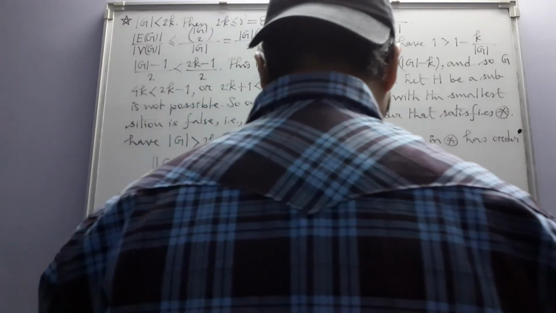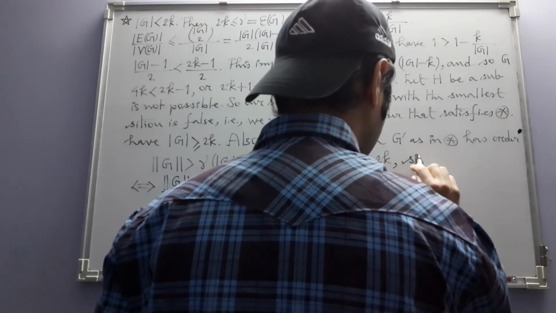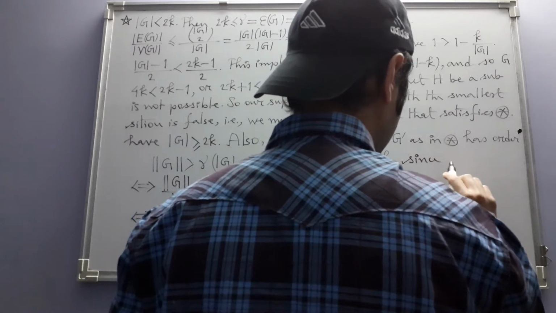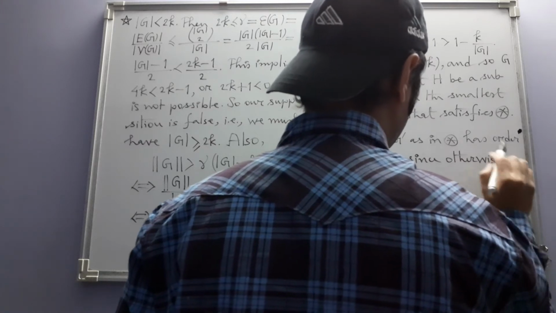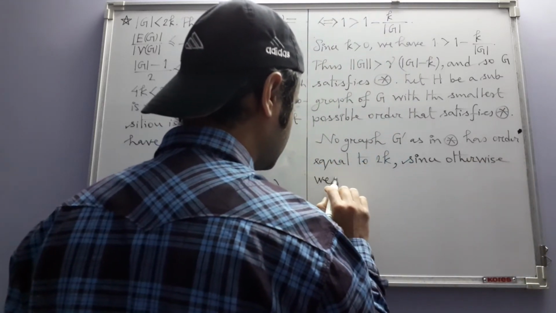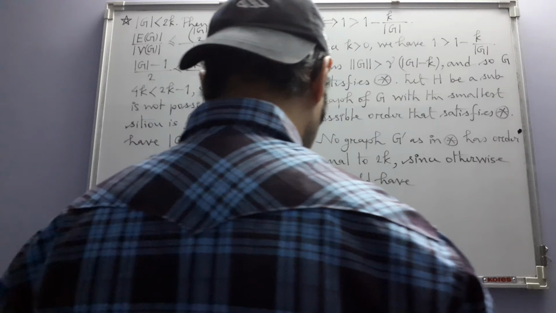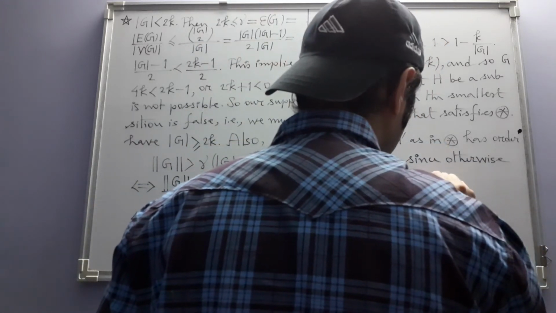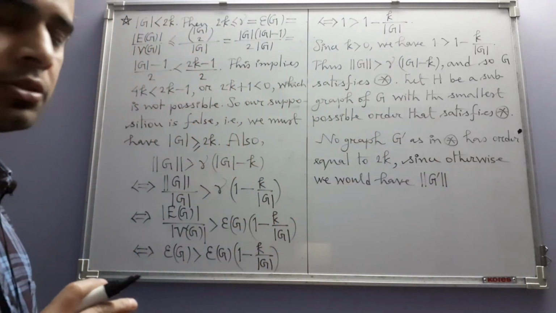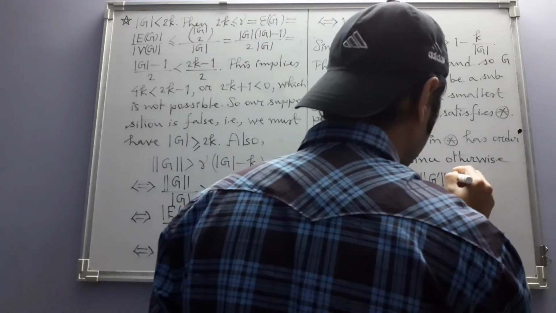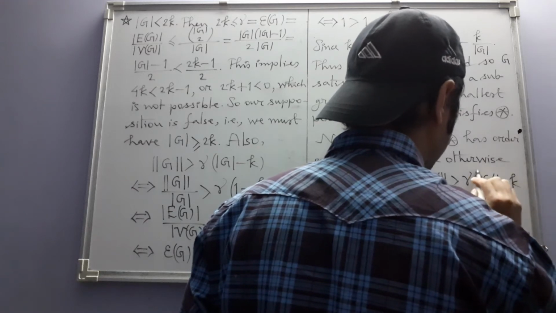Otherwise we would have, because G prime satisfies star, it will satisfy the second inequality, gamma times order of G prime minus k.